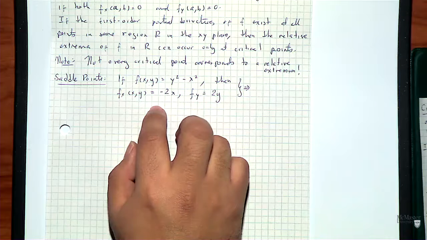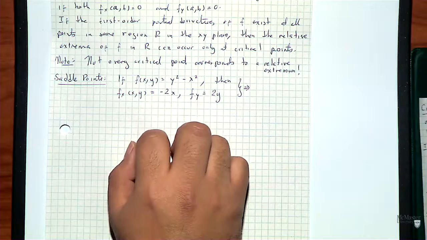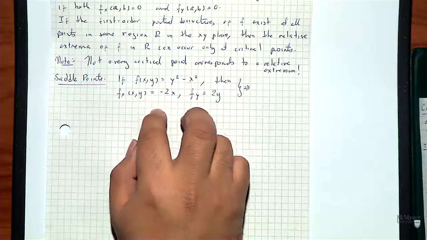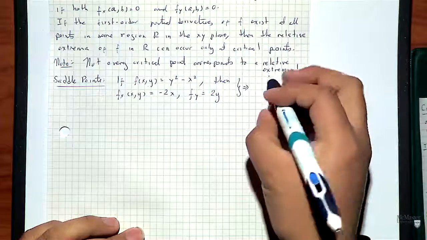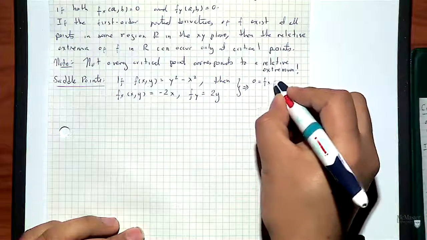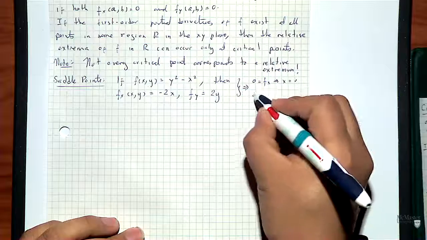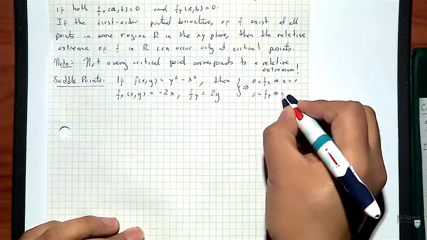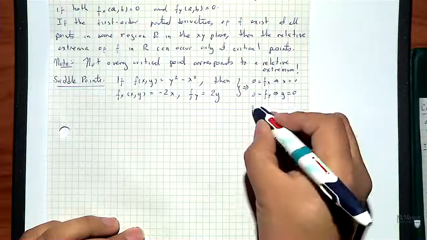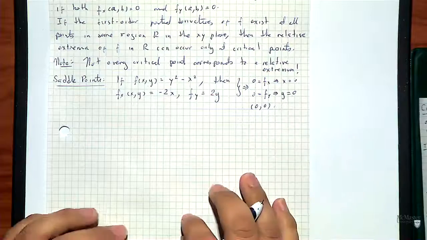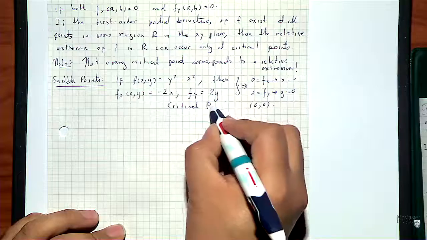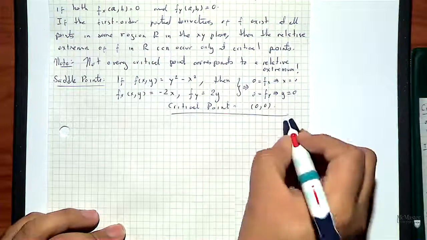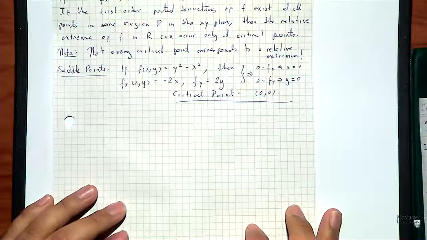Formally speaking, we don't know how it looks, but if I tell you to find the critical points, the only critical point will be the origin. So basically, 0 equal to fx implies x equal to 0, 0 equal to fy implies y equal to 0, which means that the critical point is the origin. And it's the only one, by definition.